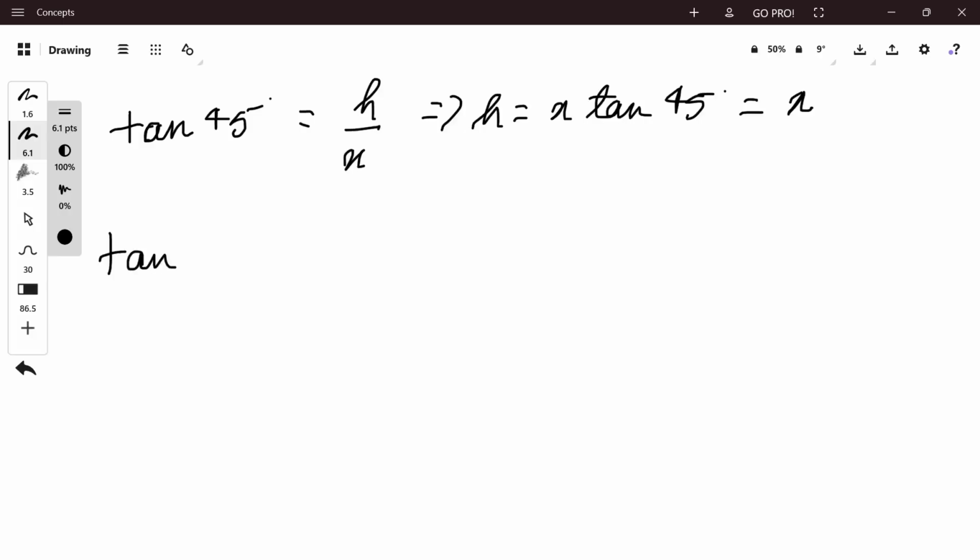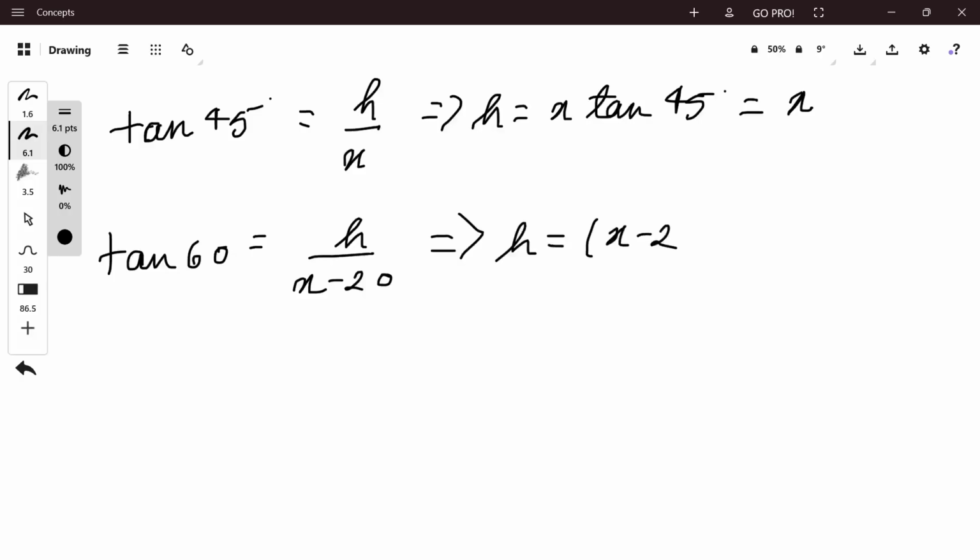And tan 60 is equal to h upon x minus 20, which is h is equal to x minus 20 tan 60, which is equal to x minus 20 root 3.